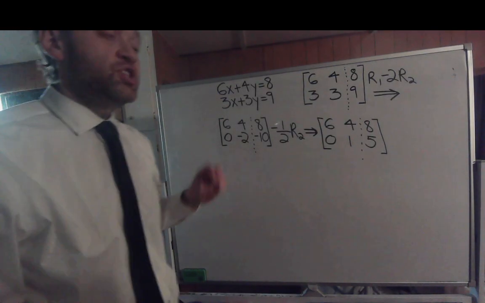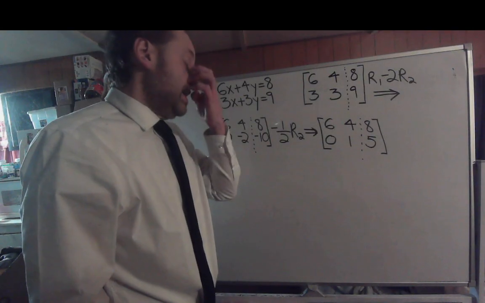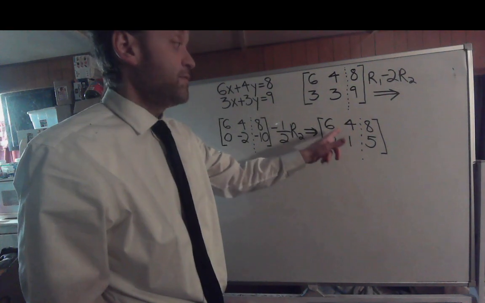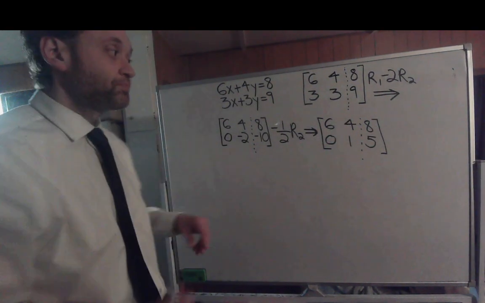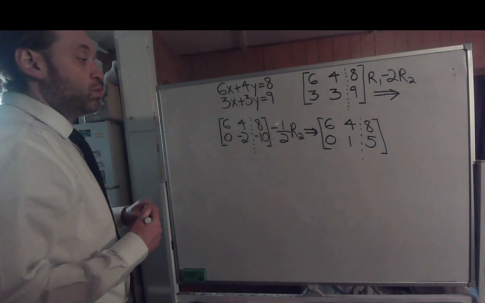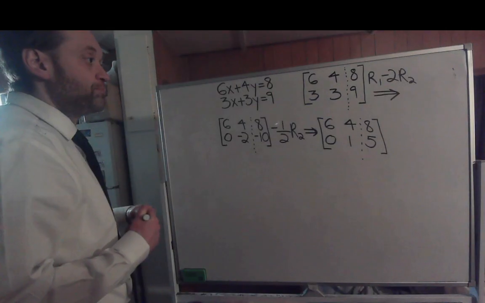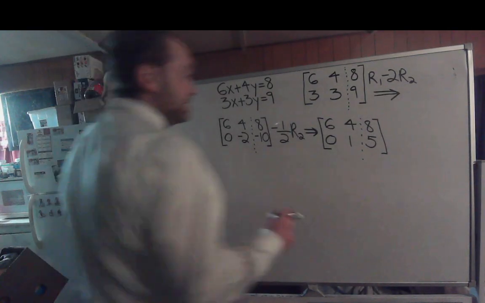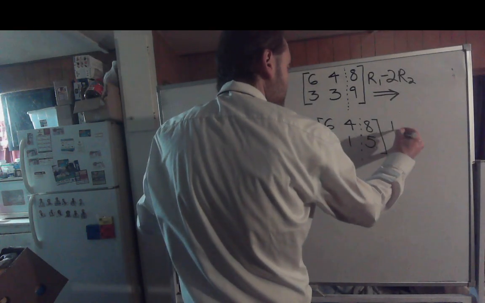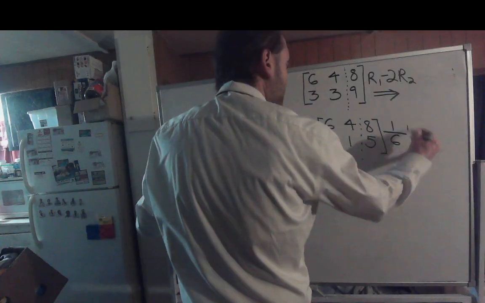What I need to do now is make the coefficient in the first row a 1. So, what I need to do now is go ahead and divide the top row by 6. So I'm going to take 1/6 of row 1.